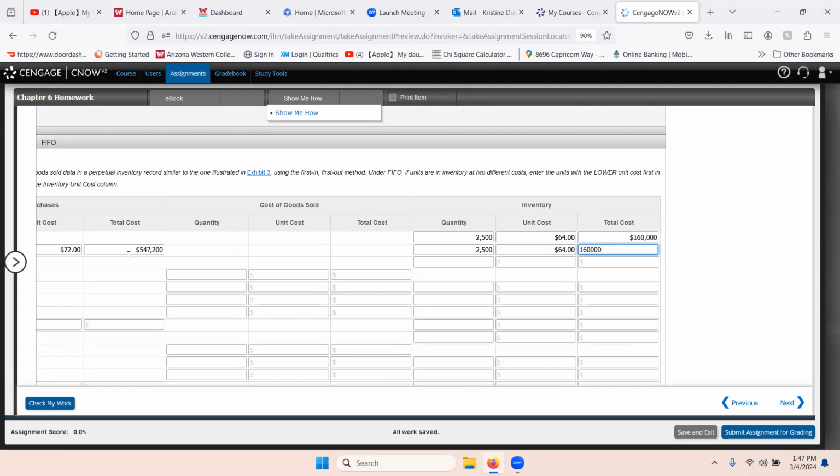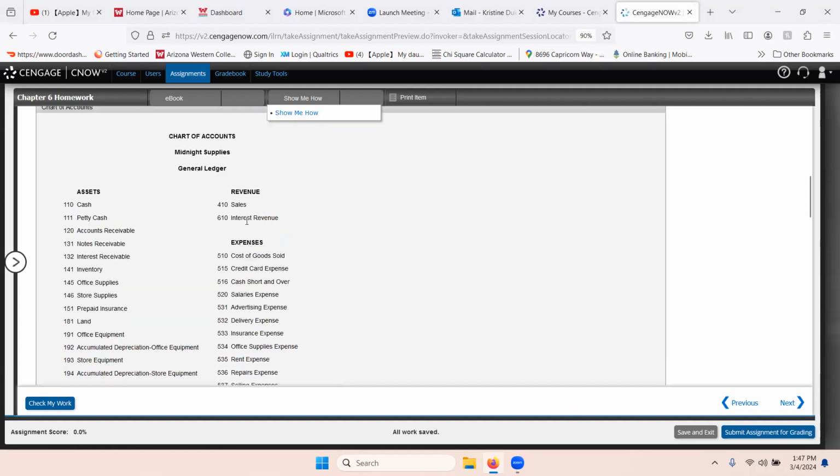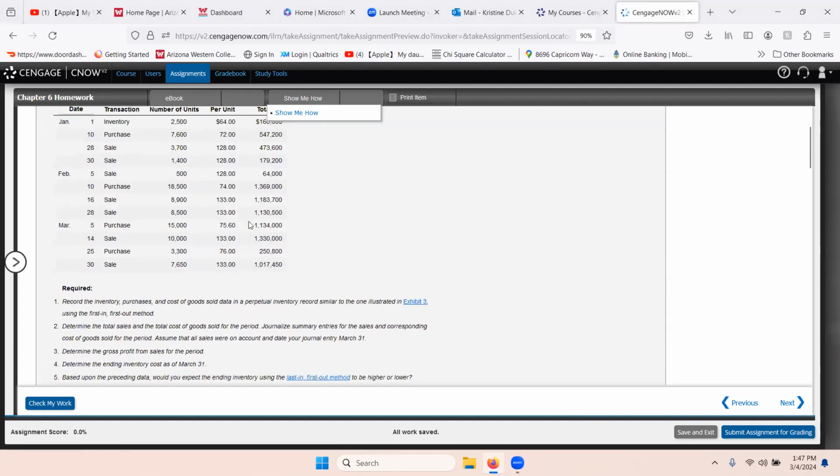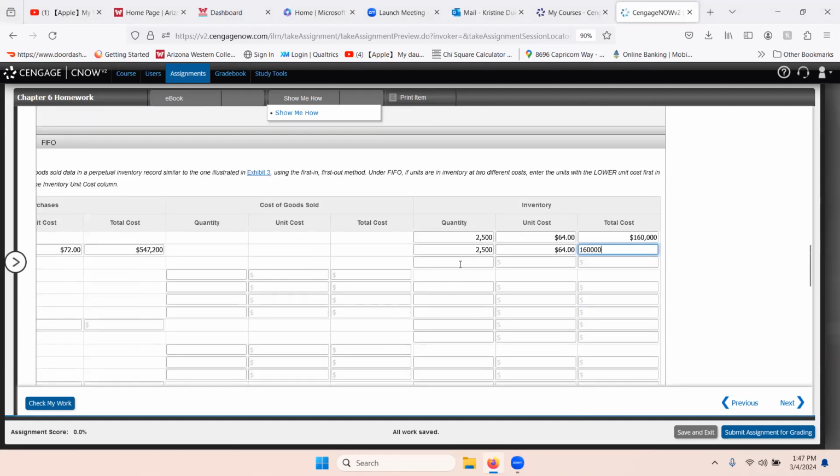And 7,600 at 72 is 547,200. Remember, this is our yellow batch and this is our orange batch. I need to keep them separate so I can track this quantity at this unit cost.